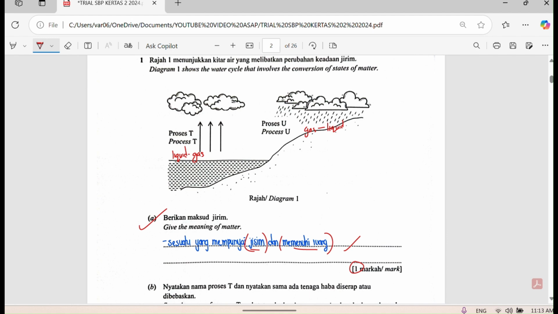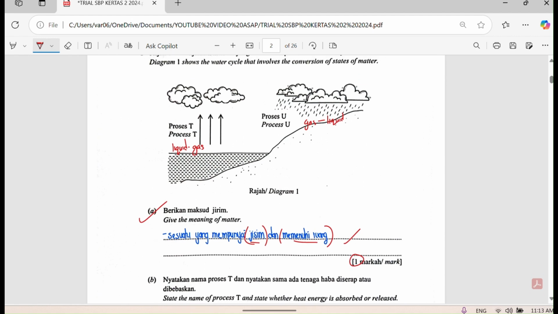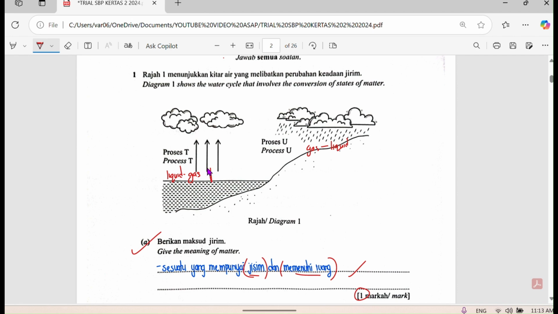Nyatakan nama proses T dan nyatakan sama ada tenaga haba diserap atau dibebaskan. Now, liquid to gas is penyejatan, correct? Okay. So when liquid, let me just draw here so that you can visualize.